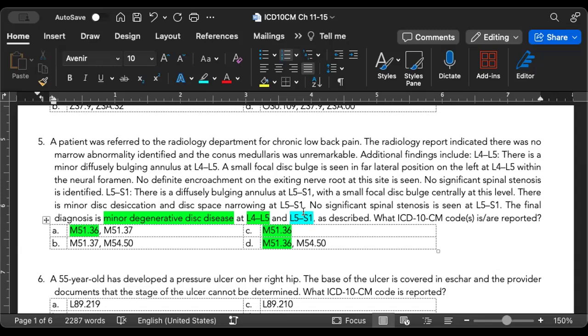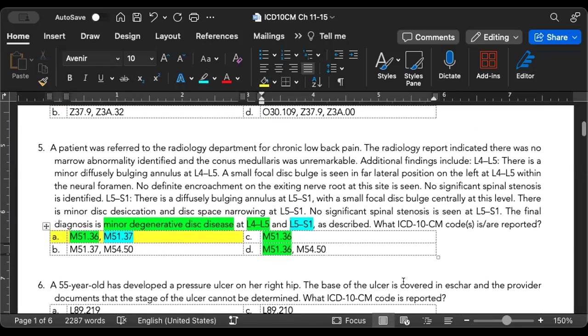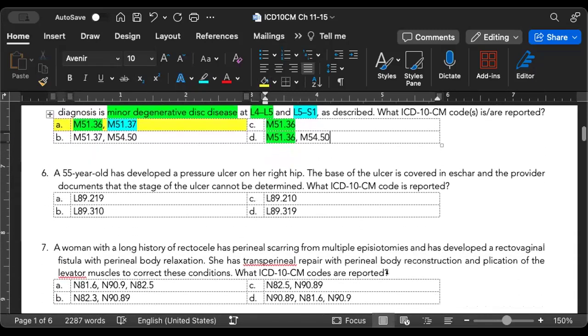Again, there's no indication that there's neuritis, radiculitis, radiculopathy, or sciatica. So it's going to be M51.37. Any questions on that one? Okay.